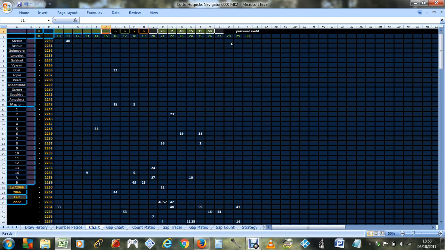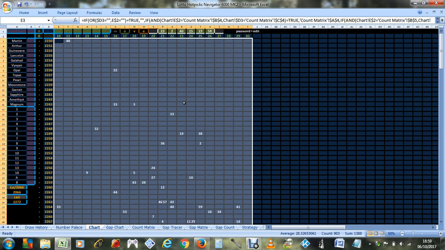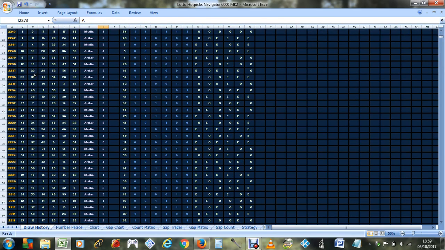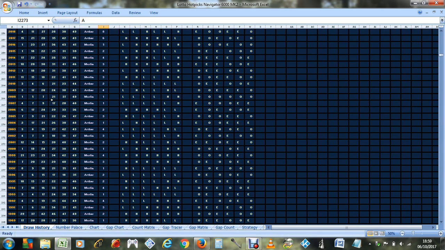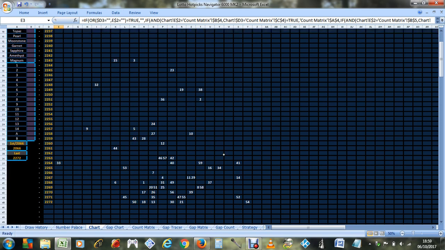And this is what you end up with. Now, to produce a chart like this manually would take an awful lot of time, because you would have to go through the entire draw history, look at each individual draw, see whether each number occurred in it, count how many times each number occurred, and then put all that information into this chart.